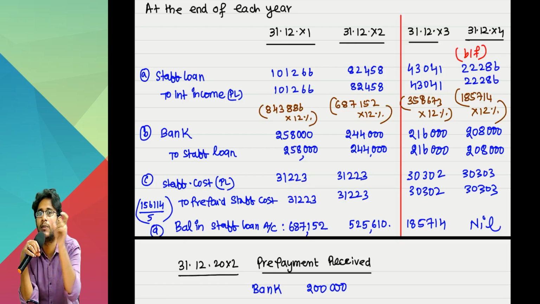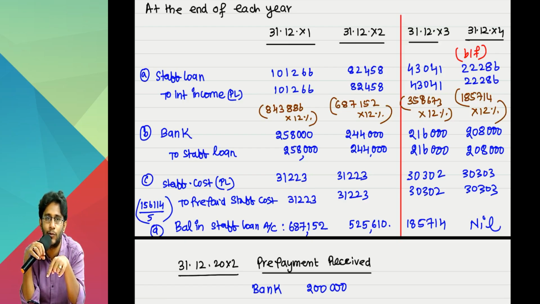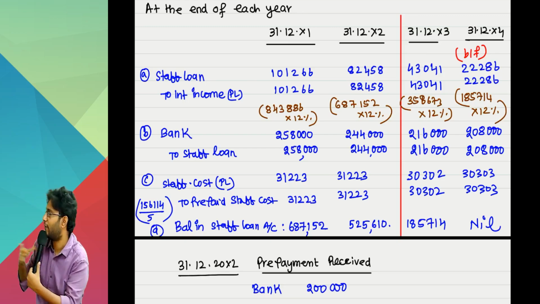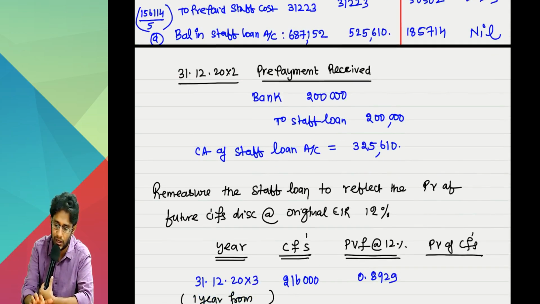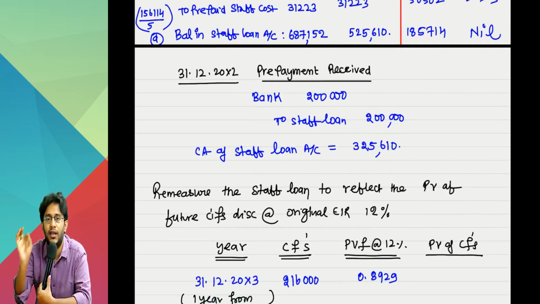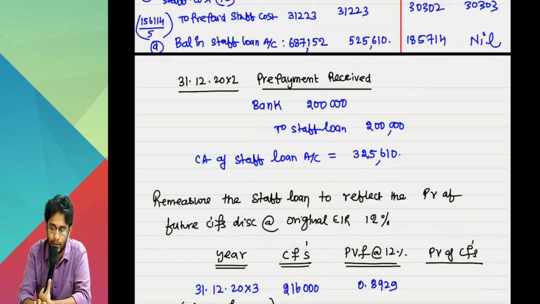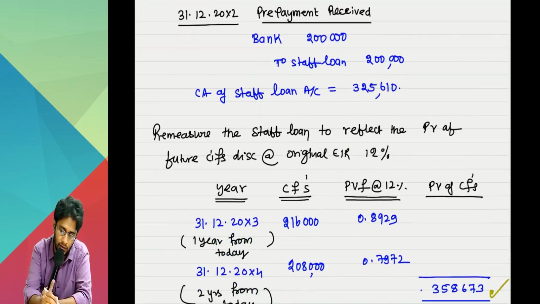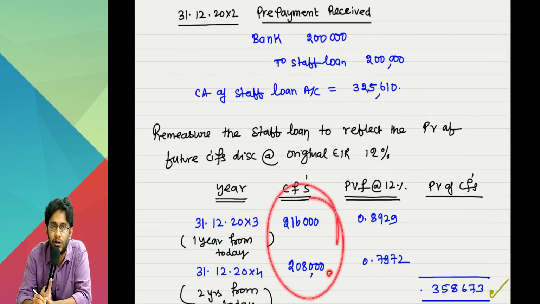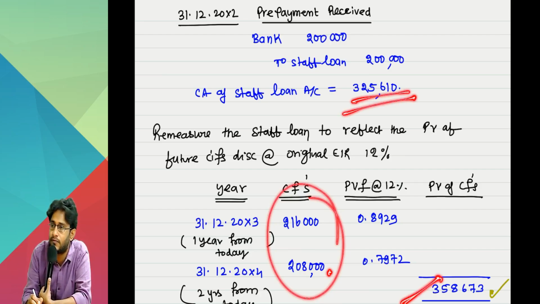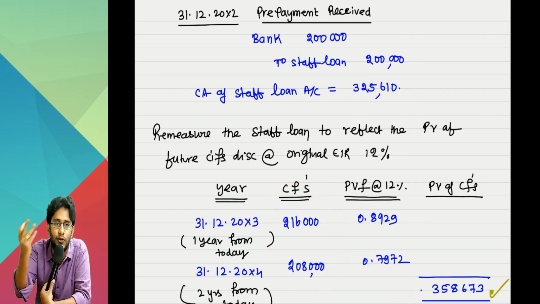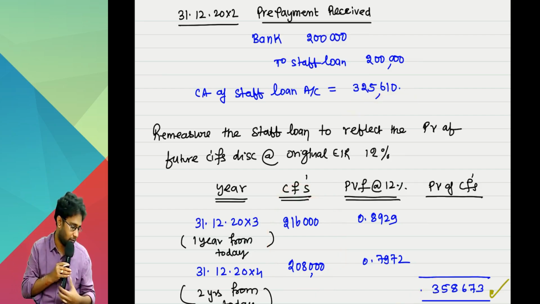The moment you disturb the schedule, it will not represent that anymore. Therefore, update the amounts also, simple. Normally, 525,610, after paying 2 lakhs, it became 325,610. Is 325,610 the present value of 216 and 208? No. So what will you do? Update this also. Prepayment and postponement, the same thing will happen.